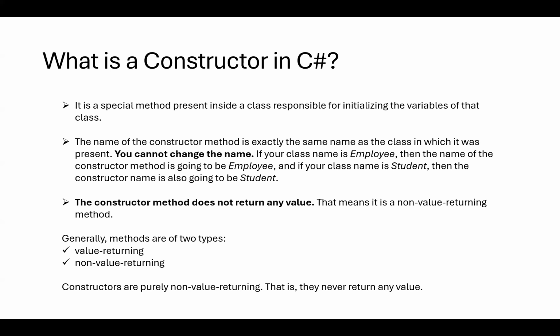So if you create class Dog, the constructor must have the name Dog. Student, Employee, the same. Next, constructor does not return any value. It's like a procedure. It does something but does not return anything.